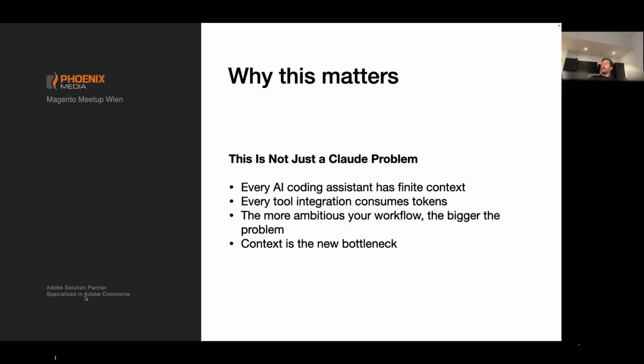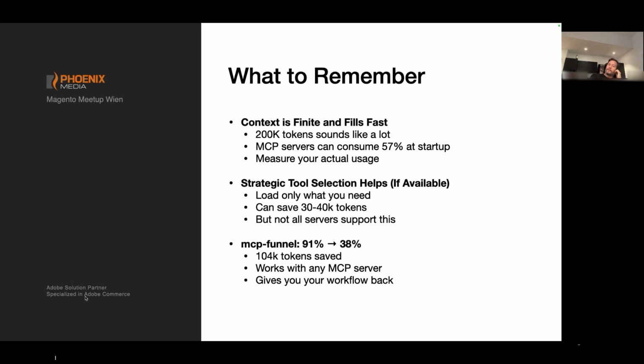Yeah, context is the new bottleneck. I wrote it. It definitely is, because it's what you have to work with. With the given tools and a strategic approach to how you work with it, you can work with what you have without getting into this context window problem.